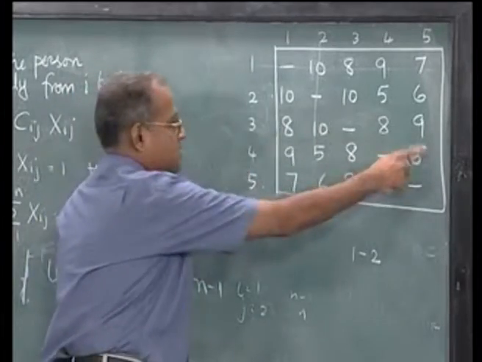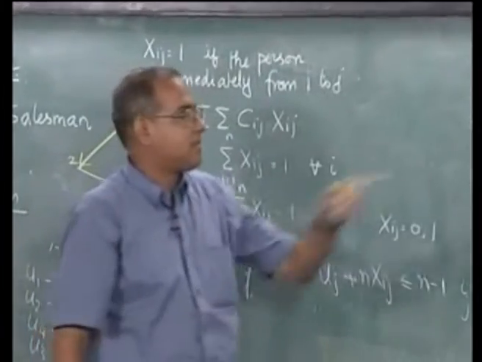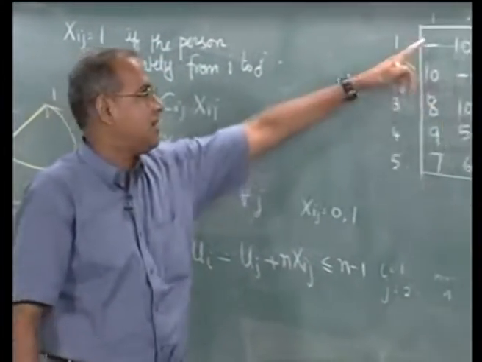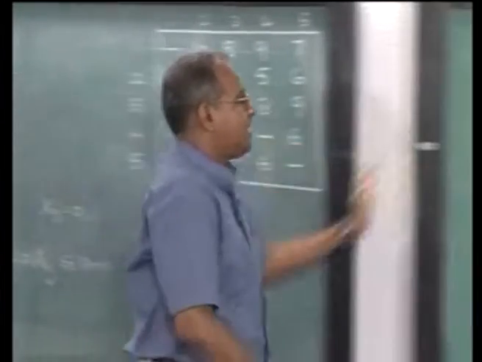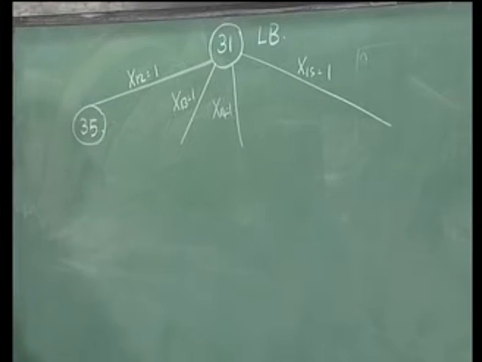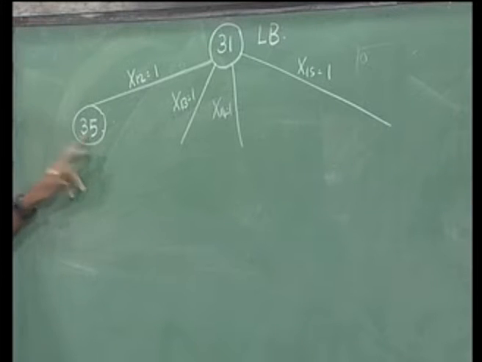So, a minimum of 6 and yet another minimum of 6, to get a bare minimum of 35 the person has to travel if you fix this 10. So, this would tell us that if x12 equal to 1, which means the person goes from 1 to 2 immediately, the minimum distance that the person travels should be 35 or more.